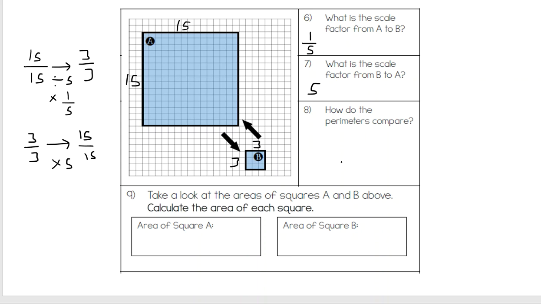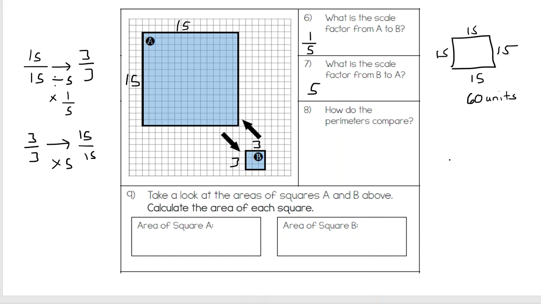The next part, how do the perimeters compare? Okay, so remember the perimeter is the distance around the outside. So we have a 15, 15, this is also 15, and this is also 15. So for shape A, the perimeter is 60, and it would just be 60 units.